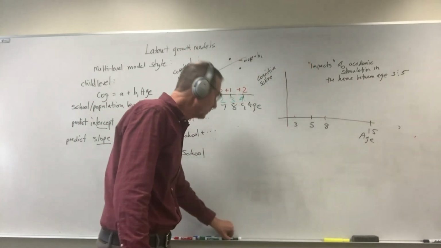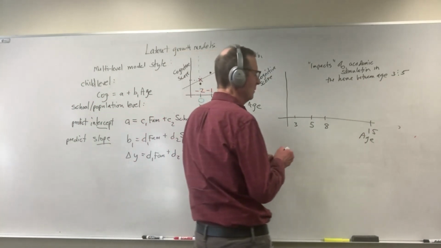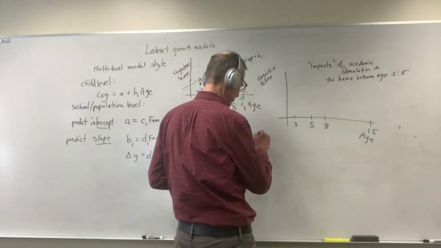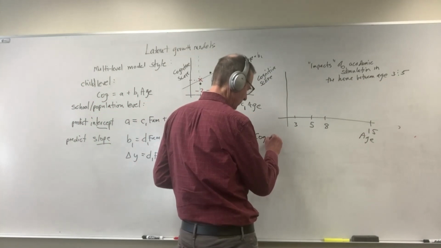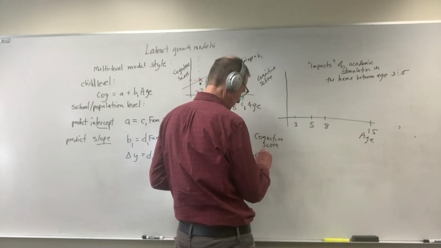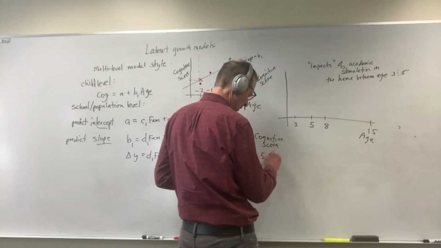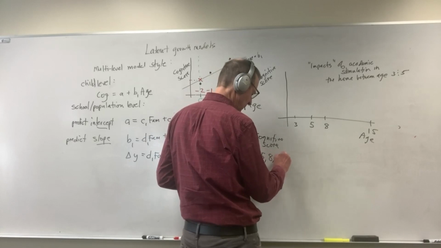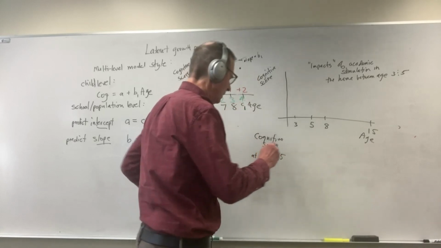She controlled, the equation was cognitive score, and then she had a version of this at 5, at 8, at 15. There were a couple other points.